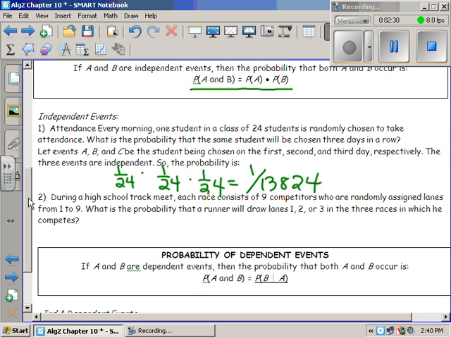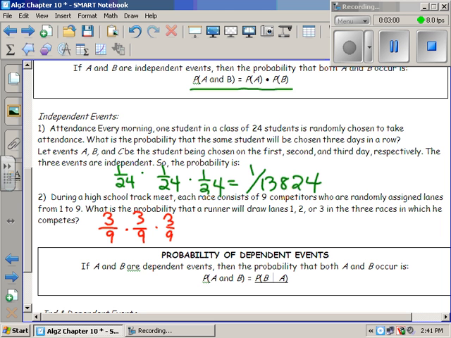All right, the second one: during a high school track meet, each race consists of 9 competitors who are randomly assigned lanes 1 to 9. What's the probability that a runner will be in lanes 1, 2, or 3 in 3 races in a row? Well, he's going to be in lanes 1, 2, or 3 out of 9 the first race, 3 out of 9 the second race, 3 out of 9 in the third race.